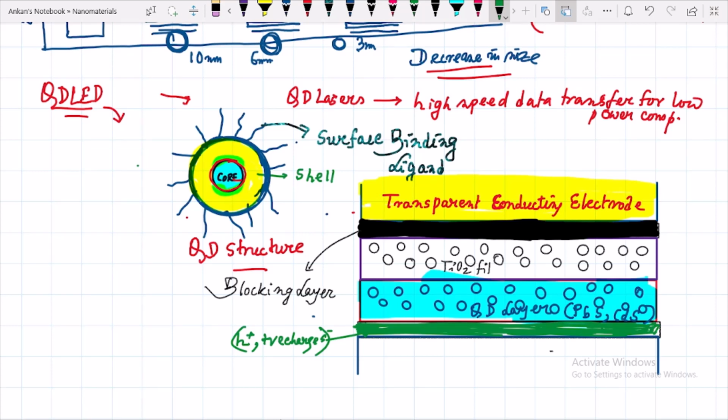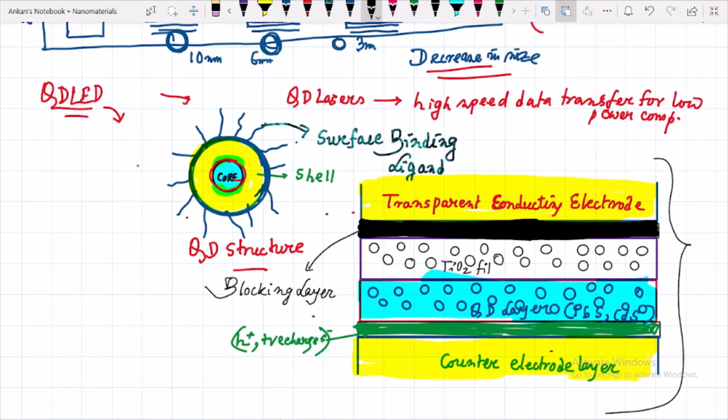And the next is the counter electrode layer. This is the main structure of the quantum dot solar cell, the QD solar cell.